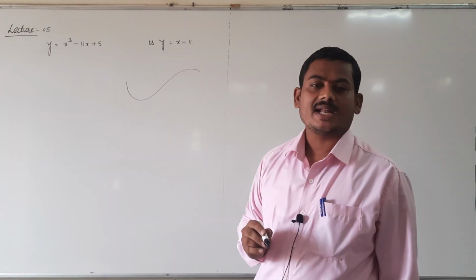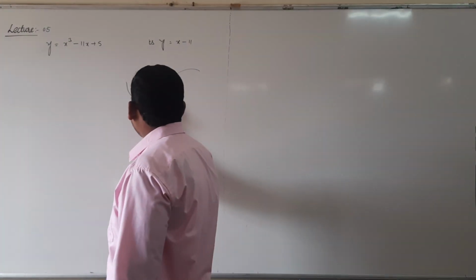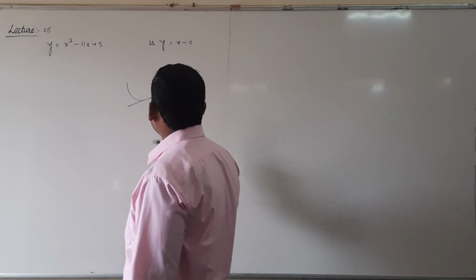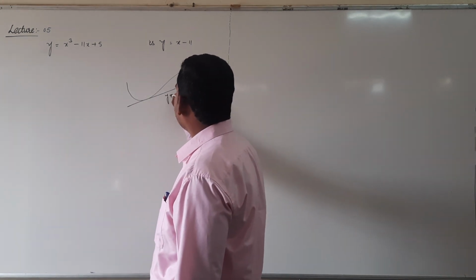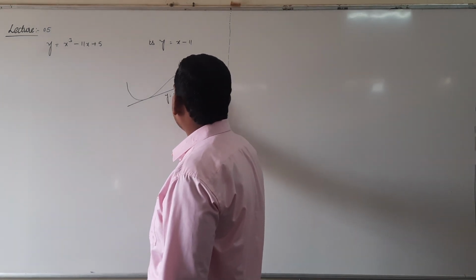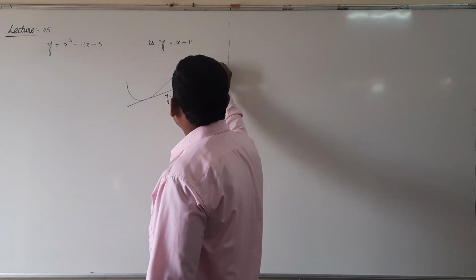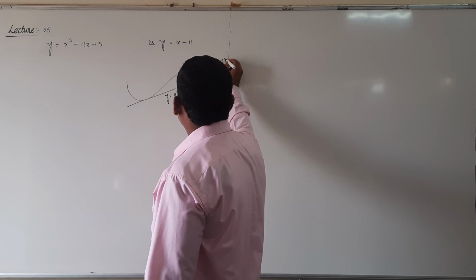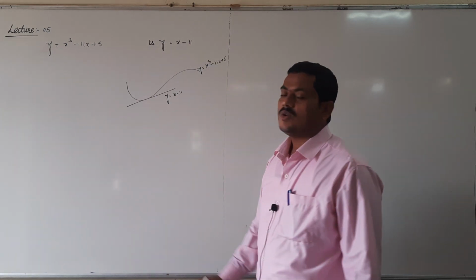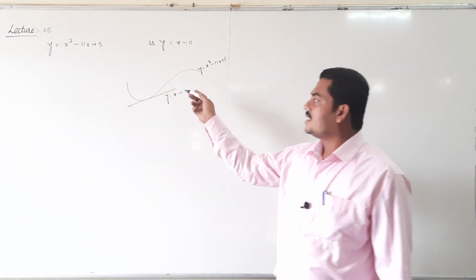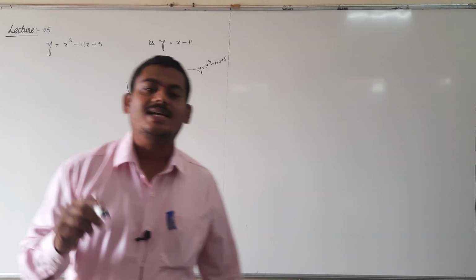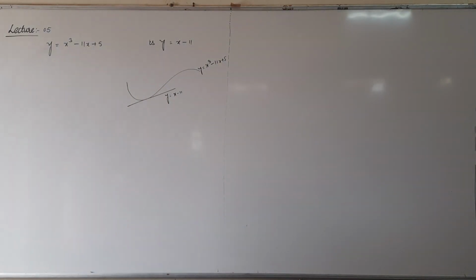Suppose this is the given curve and this is a tangent line whose equation is y equal to x minus 11, and this is y equal to x cube minus 11x plus 5, right? We need to find a point on this curve whose tangent line is y equal to x minus 11, right?